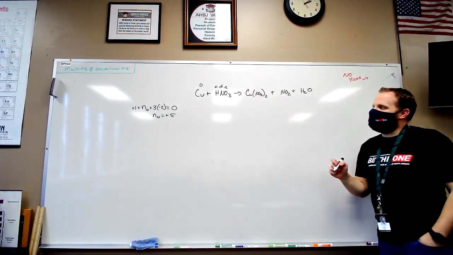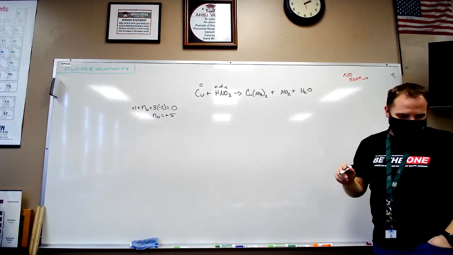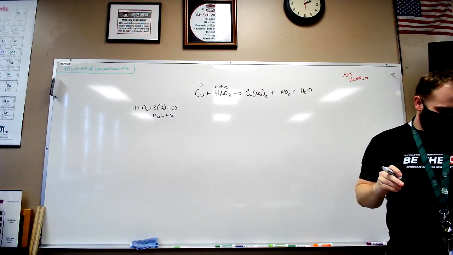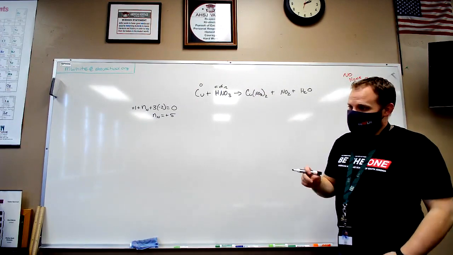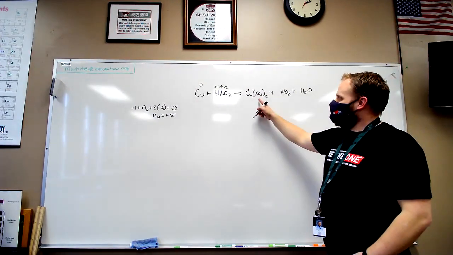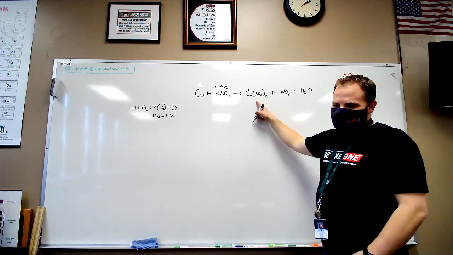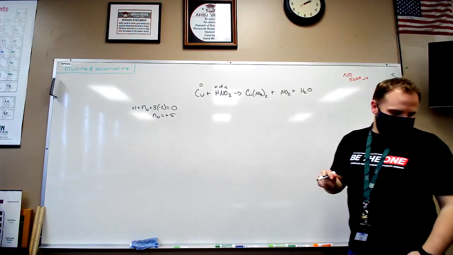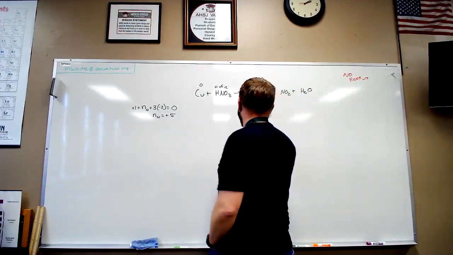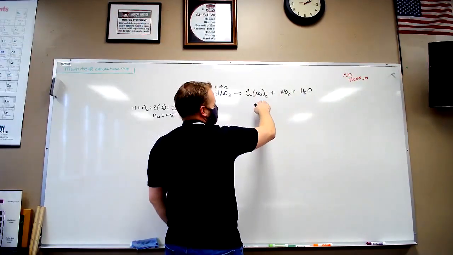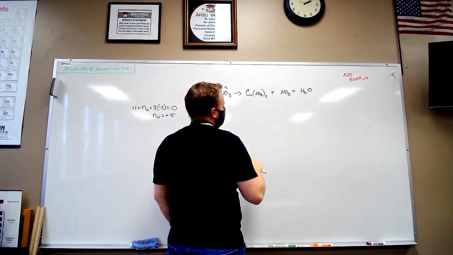We're going to need to use a couple different rules. The truth is, the easiest way to do this is to consider these as ions, because that's sort of how we have to figure it out.